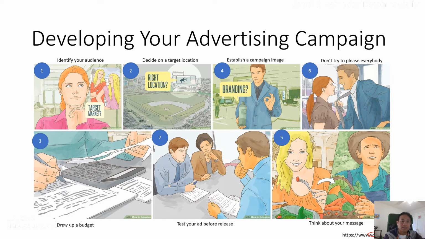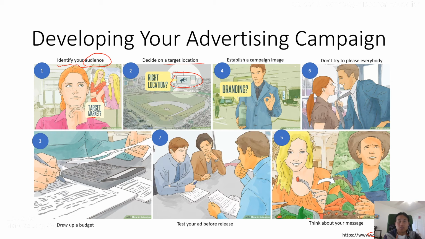the advertisement process. So first of all, identify your audience. Who will be your audience? Will it be male or female, which age groups, and decide on the target location. Where do you locate your advertisements, such as this big screen in the stadium, or bus station, or Facebook, YouTube, or magazine?